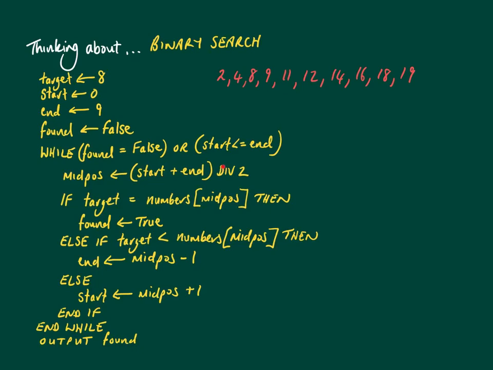Now div is different from the usual forward slash. Forward slash is a divide which gives you a real value. So if you were dividing 3 by 2, for example, with a slash, you would get 1.5.